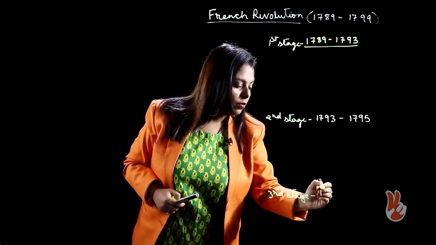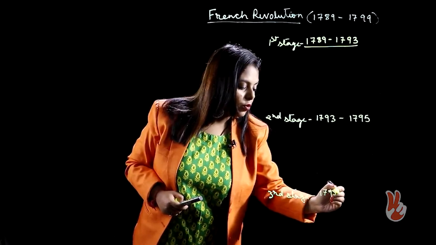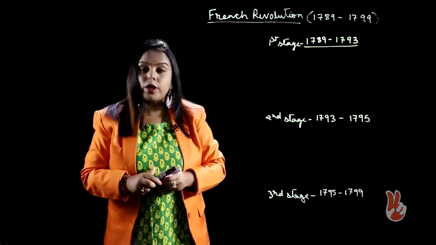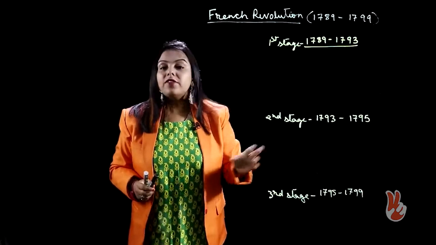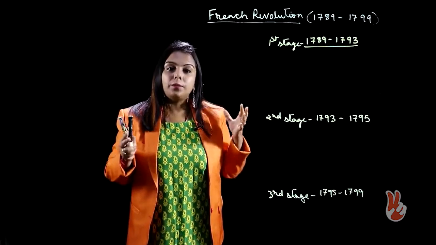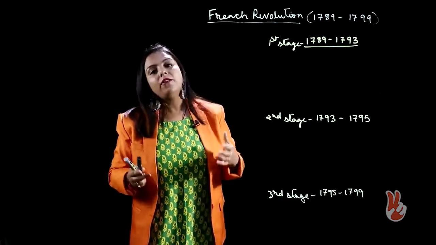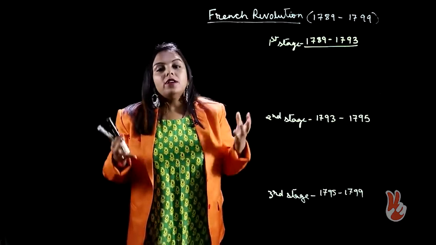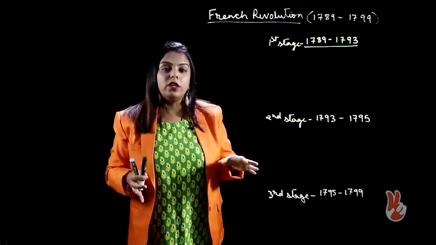That will be from 1795 to 1799, when the Directorate took the power, and in 1799 finally Napoleon came and usurped the power in France and formed an autocratic government or authoritarian regime. So, that ended the French Revolution.